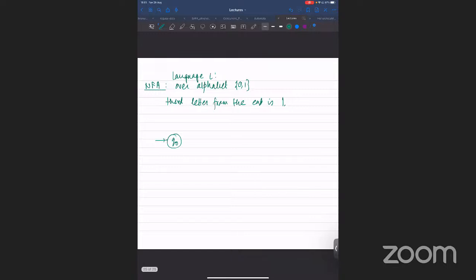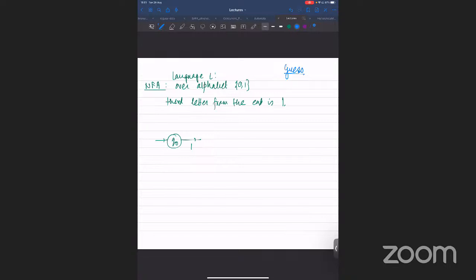So when you are getting a 1, you guess that this is the third one from the end, correct? So you are guessing. Whenever we are talking about an NFA, it is not just that the delta changes, but more importantly, what is important for an NFA is the power to guess. This is very important, and this is what I'm trying to elaborate in this example.